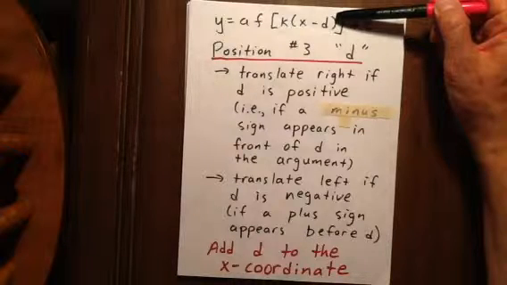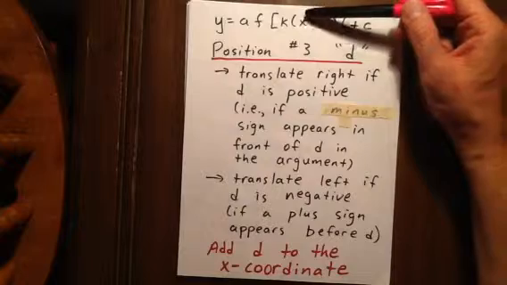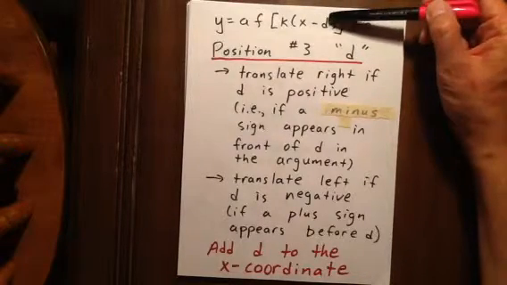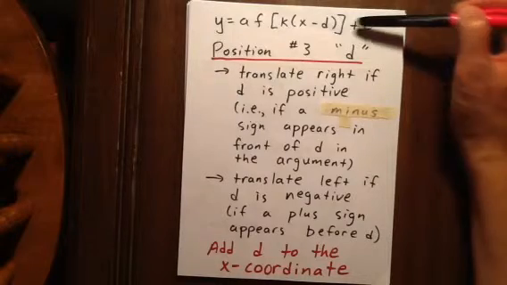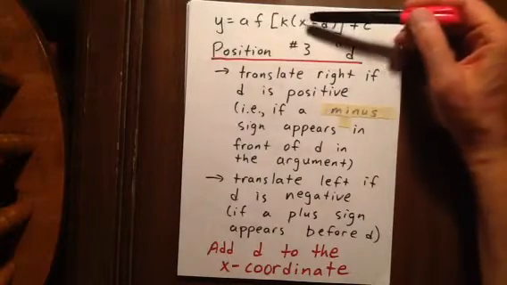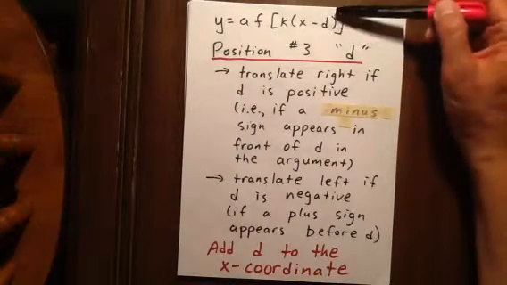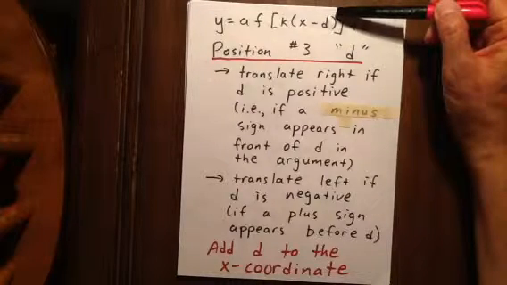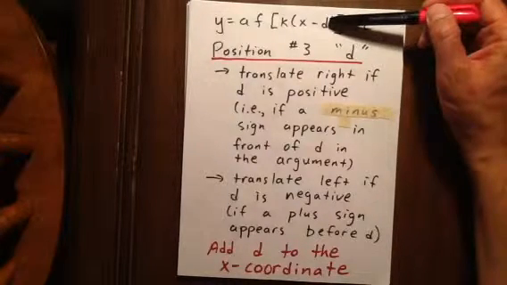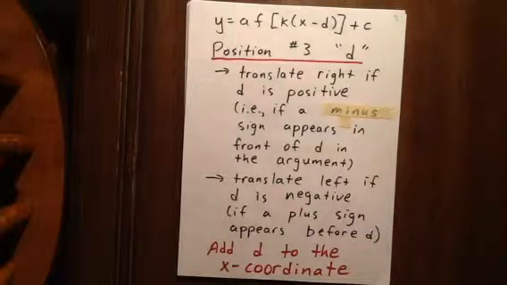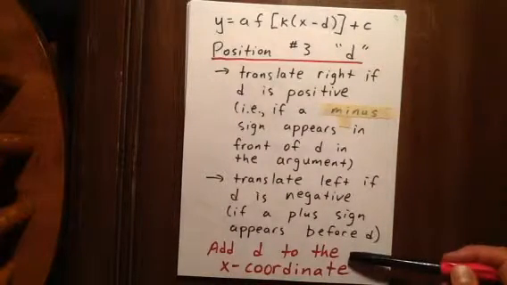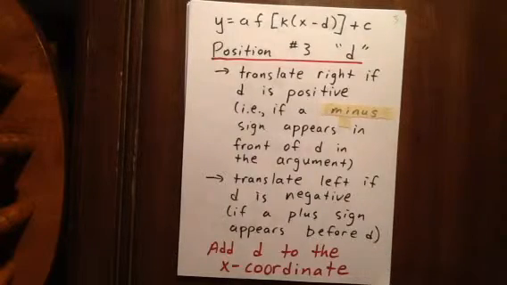If you recall, when we dealt with parabolas in vertex form, if we had x minus a number and the quantity was squared, our vertex had a positive x value. But if we had x plus a number and the quantity was squared, we moved to the left instead. Well, the same thing's happening. We're going counterintuitive here. So ultimately, all of that can be accommodated by adding d to the x-coordinate.